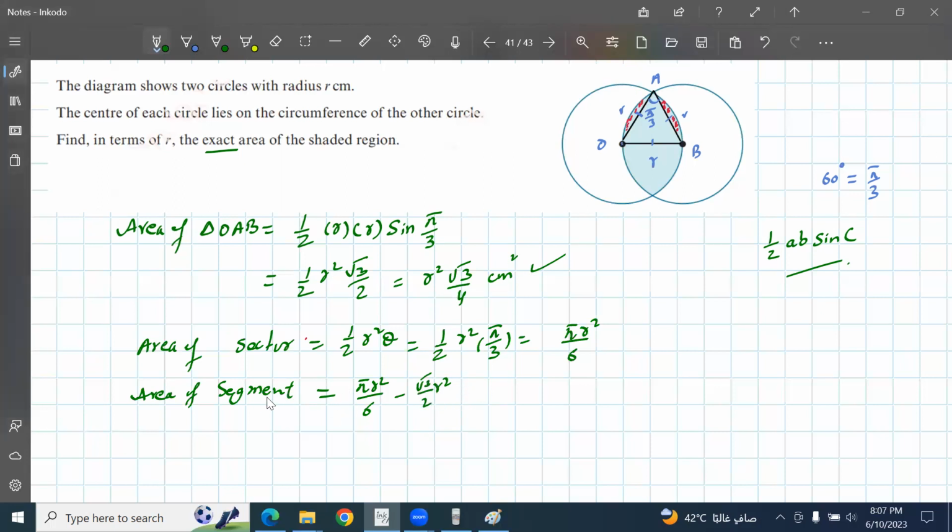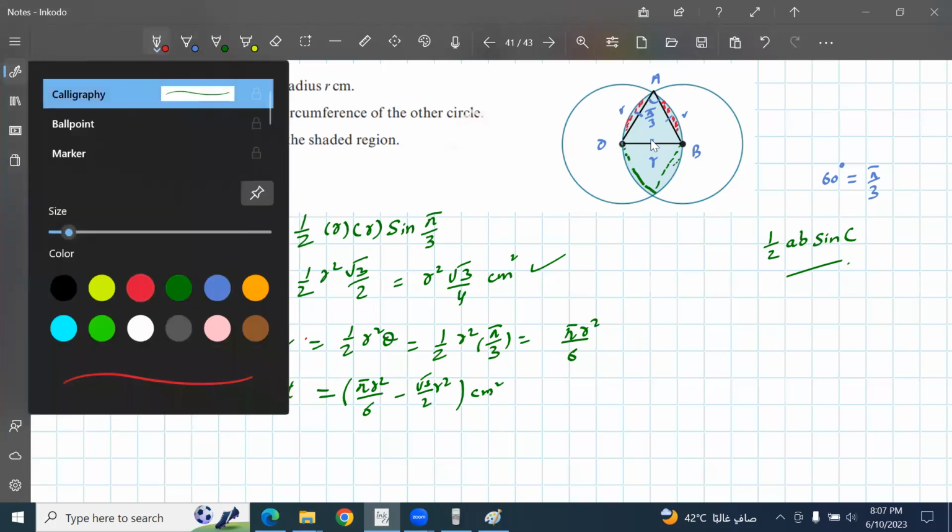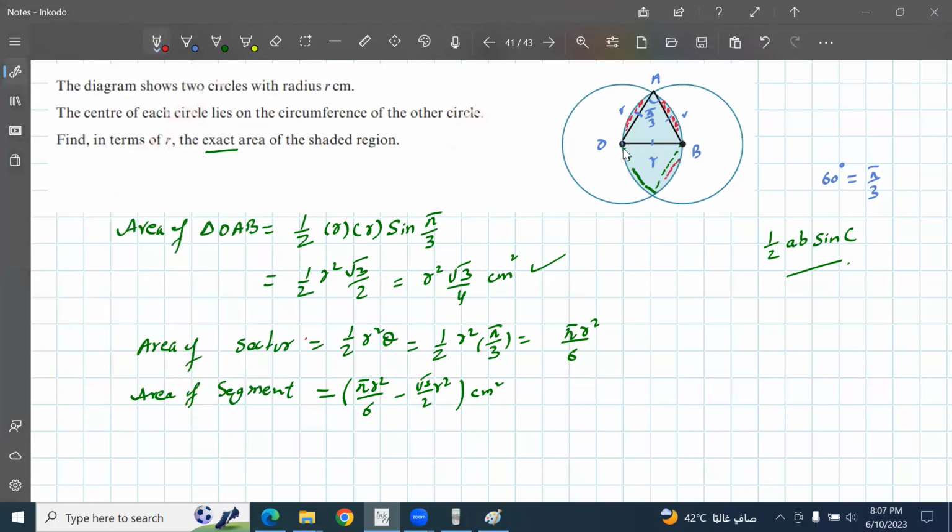So this is the area of one segment, and we are looking for the exact answer. So same as there are 4, it will connect here, it will connect here. There are 2 equilateral triangles, and if you change the color here and this one, there are 4 segments.